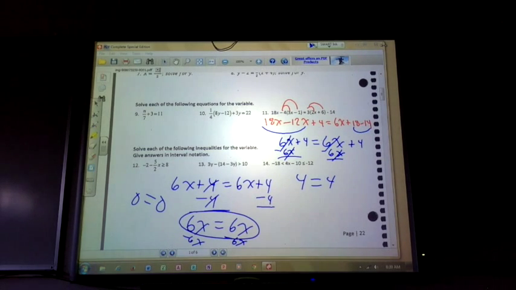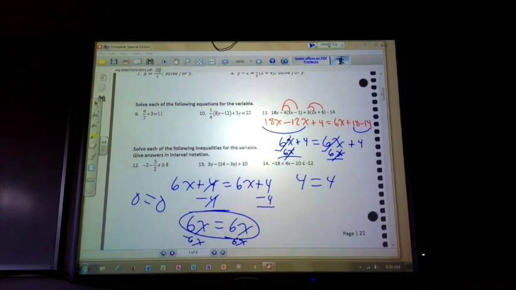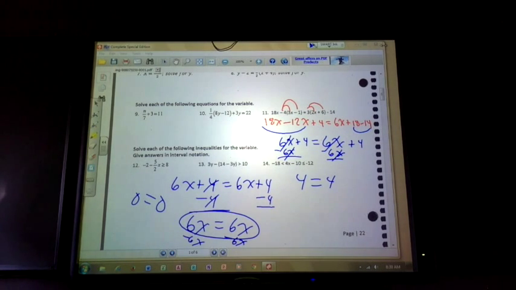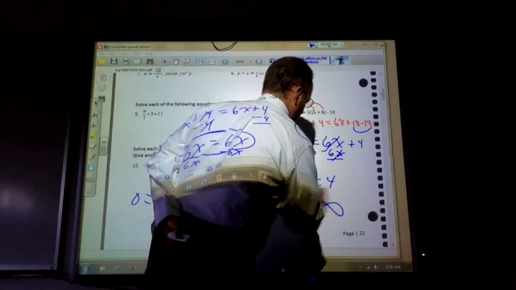But if you get a true statement, if you get some number equal to itself, that means you have infinite solutions. If you get some number equal to a completely different number, that's just nonsense. That's not like math trying to trick you. That's just saying, hey, this isn't supposed to happen. Of course, 2 isn't equal to 7. Okay? So this would mean we have infinite solutions.